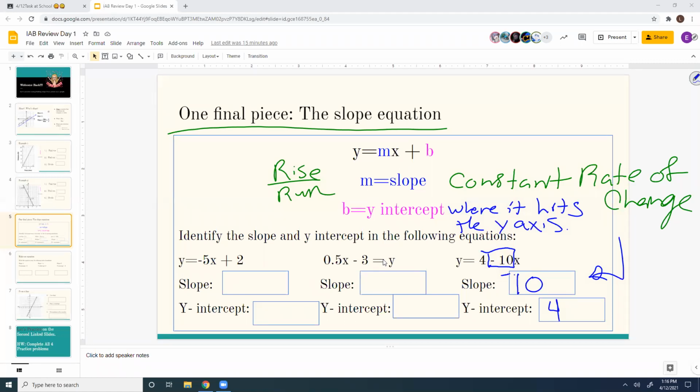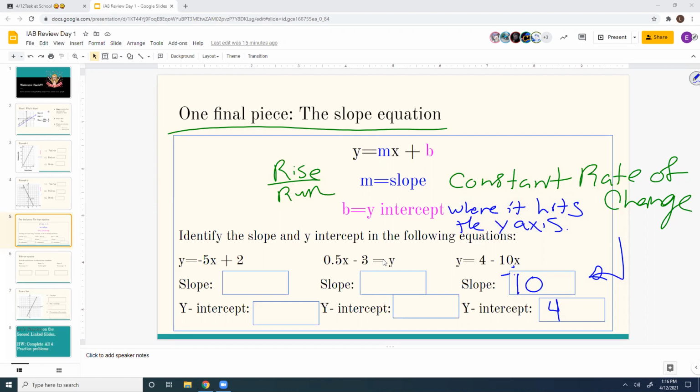What do we think about the charge on that 4? Is it a positive or a negative? Melissa, a positive. Why do you say positive? Because there's no negative sign in front of it. Very good. There is no negative sign in front of it, so it's automatically going to be positive. So we have a slope of -10 and a y-intercept of +4.